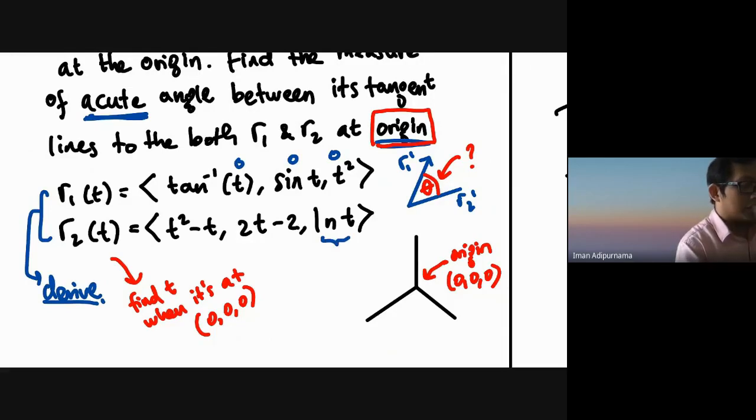So we see ln here, so we will use t equal 1. And if we check the other axes, it will also be 0. So t equal 1 will be 0, 0, and 0. So the first one is t equals 0, the second one is t equal 1. That will be our approach, using t equals 0 for the first equation and t equal 1 for the second equation.